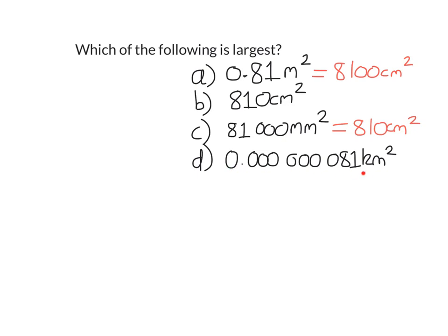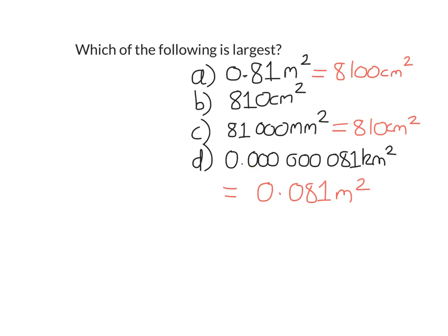So now let's put this number in centimeters squared. So first, we times by 1,000 squared to get it into meters squared. So if I put this big number times 1,000 squared in my calculator, I get 0.081 meters squared. So make sure you get the right number of zeros.